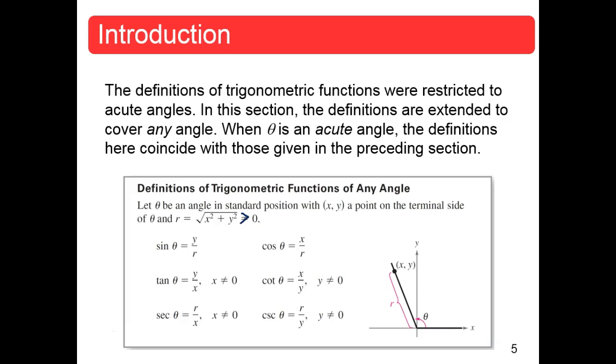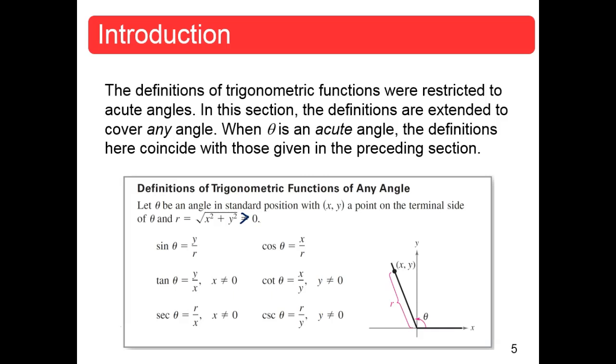The tangent is y over x, just like we have had before. Either y or x can be positive or negative, but x can't be 0. That's a new thing here. And cotangent theta is x over y, but now y can't be 0, though x and y can both be either positive or negative.